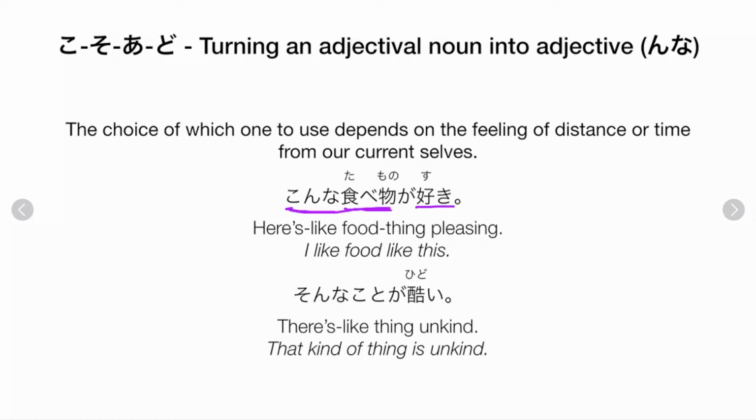This kind of food, which is right here in front of me, I like it. If you say, sonna koto ga hidoi, that kind of thing isn't kind, right? Hidoi means cruel. Koto we saw, abstract thing, that just means thing. Sonna koto, thing like that, hidoi, it's unkind. Something like that is unkind.